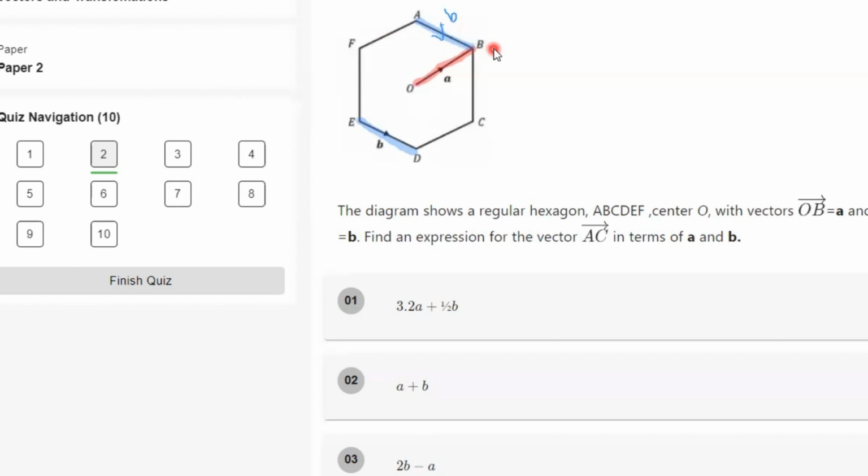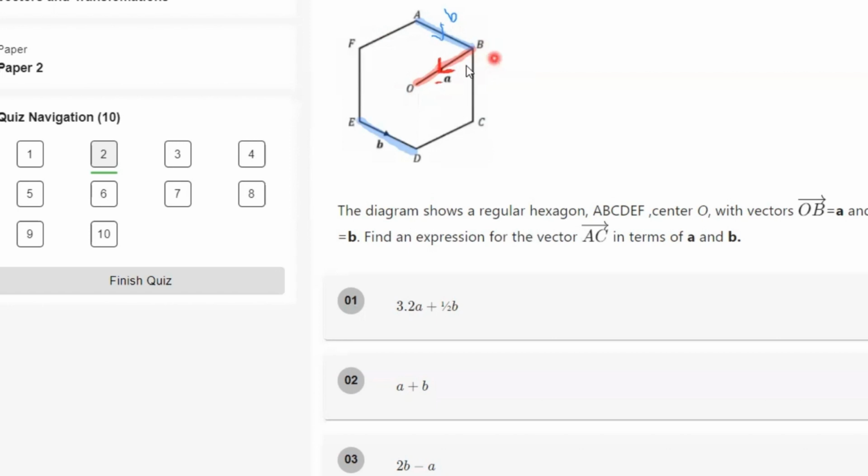Then I can move from B to O. If I'm getting from B to O, this is the opposite of my vector a, which is going from O to B. So if I need to go in the opposite direction, it's the same vector, except it's negative a now.